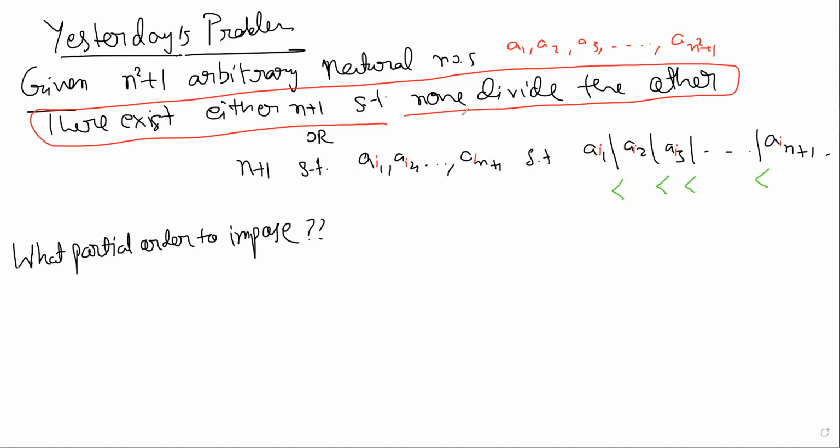But then what is the order? That you have to say first before you can use the word chain, right? Unless you give an order, you can't. So clearly, if you just use the usual order on natural numbers, that's no use here.